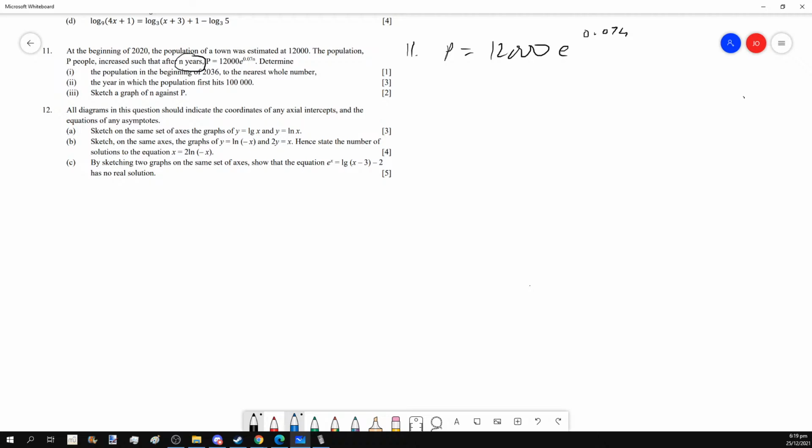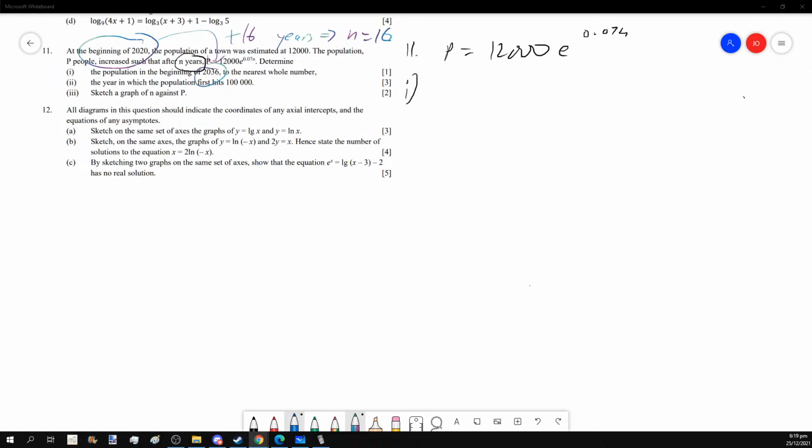Okay, so it's a very small town, all things considered. Part 1 asks us, can you find the population in the beginning of 2036 to the nearest whole number? Now, you must recall that we started from 2020 and we're going to 2036. In other words, we moved forward by 16 years, and therefore we will set n to be equal to 16.